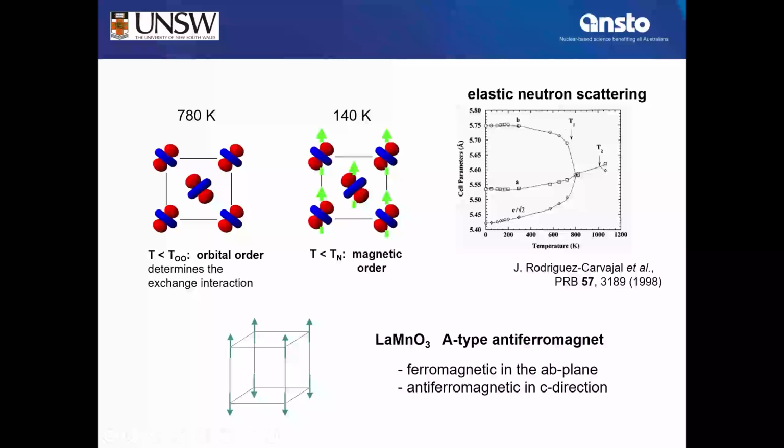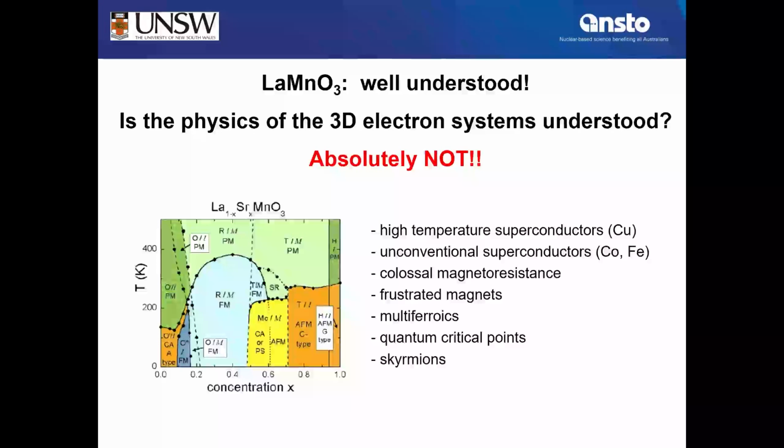So lanthanum manganite, A-type antiferromagnet. So after 60 years of intense research, we can say that lanthanum manganite is well understood. However, the physics of 3d electron systems is not fully understood yet, absolutely not.